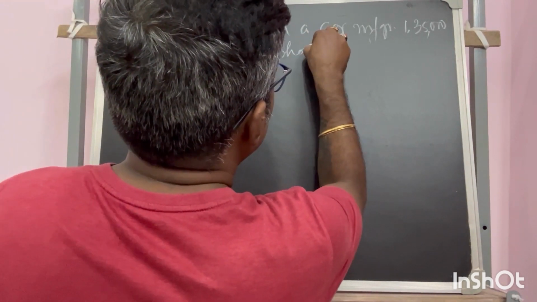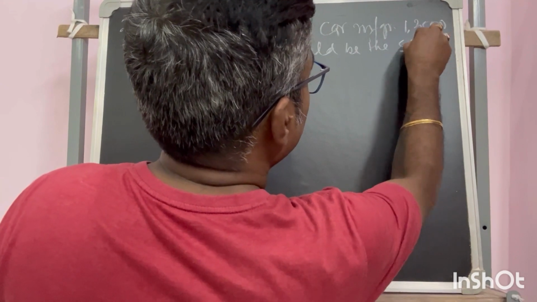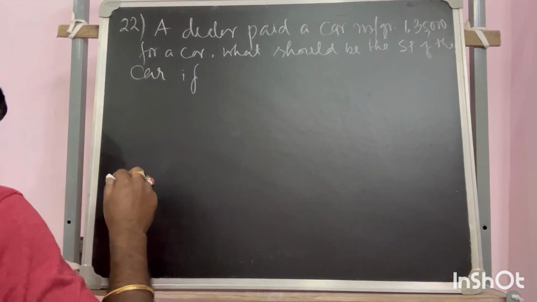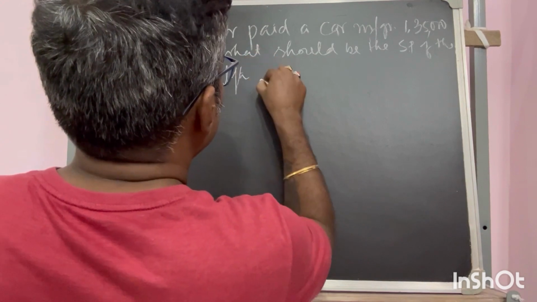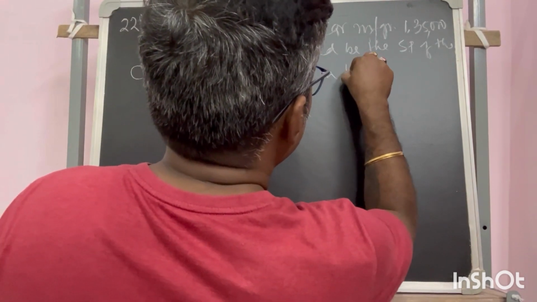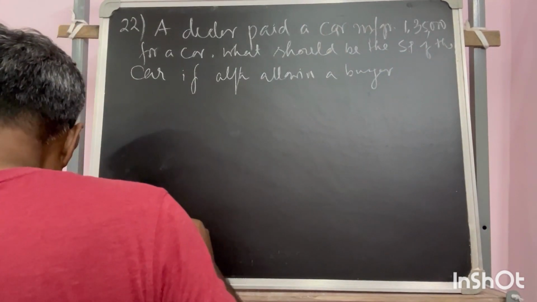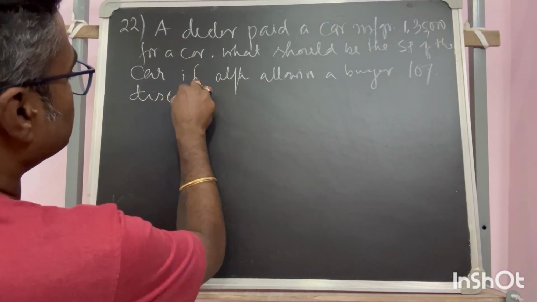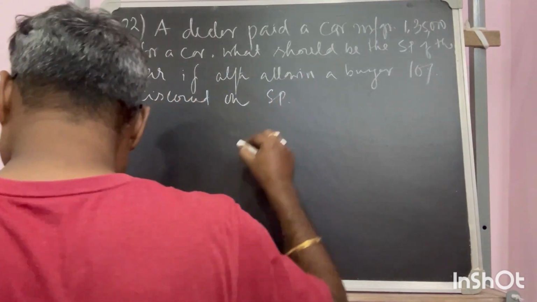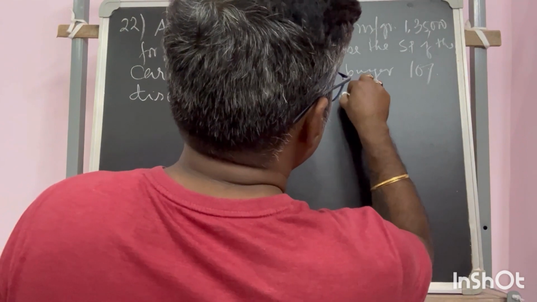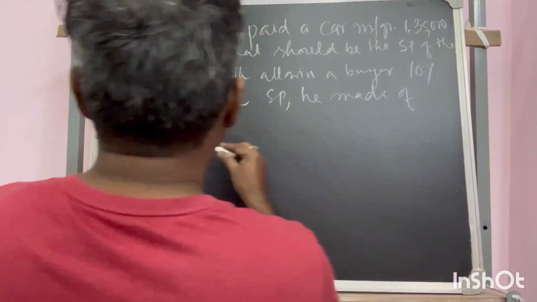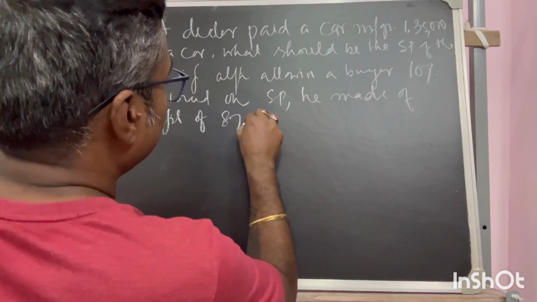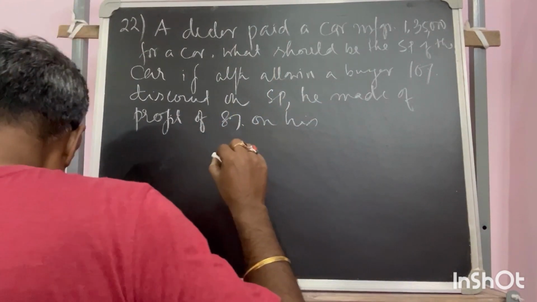What should be the selling price of the car if, after allowing a buyer 10% discount on selling price, he made a profit of 8% on his outlay.